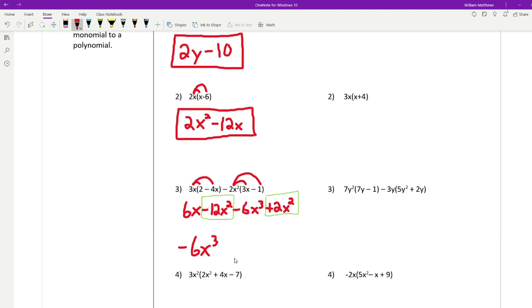Next would be our x squared, which we have two terms. If I combine these, that would be negative 12x squared plus 2x squared. Since we're adding, this affects the coefficient, the number in front, which will give us negative 10 for our new coefficient of x squared.